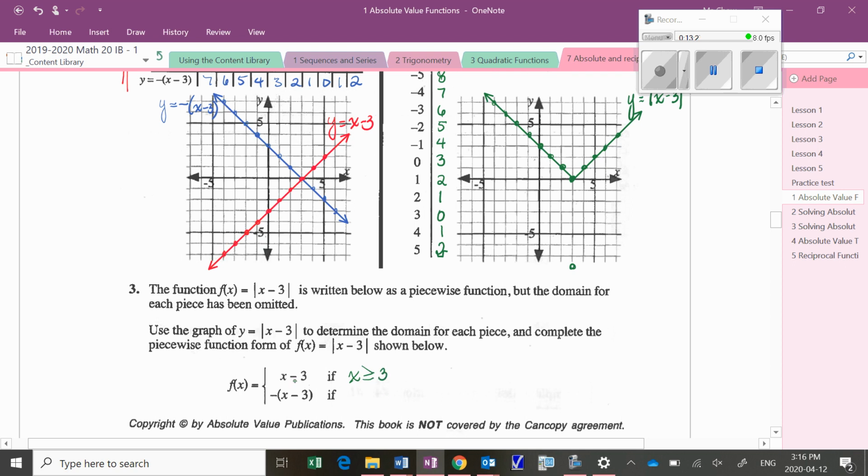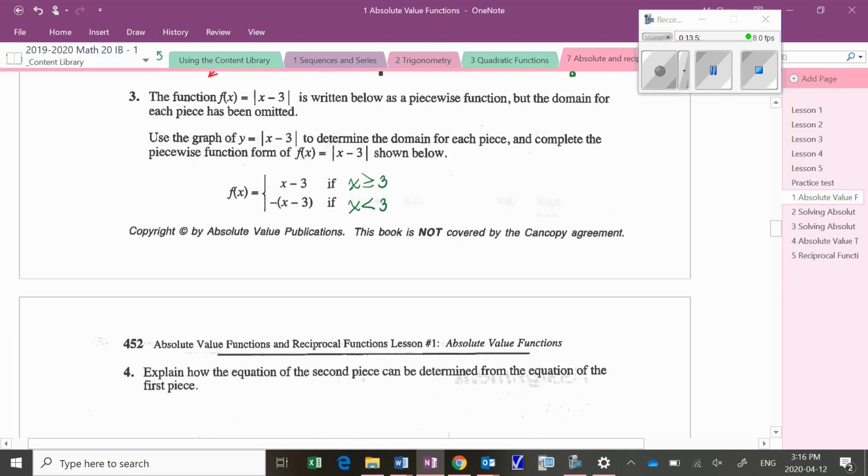So it includes the equals because we're looking at the positive portion of it. So when inside the absolute value is positive, so that's to the right here. And it looks like the negative side when x is then less than 3, and 3 being the x-intercept as well. Okay, so let's carry on then.